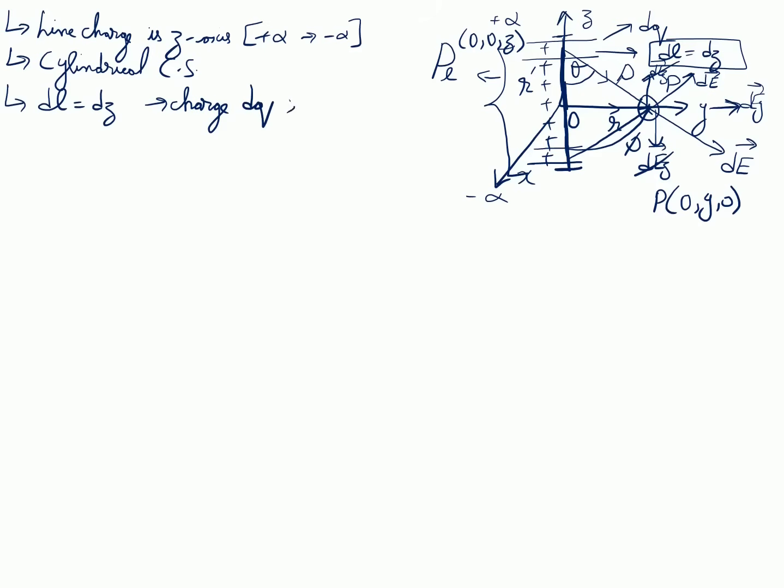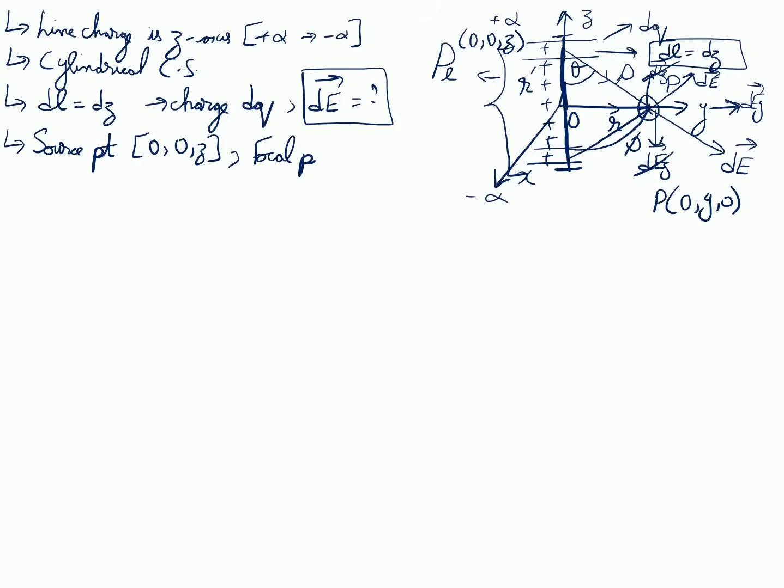Now we want to find the differential electric field to start our analysis towards the total electric field E. The source point is along 0, 0, z, and the test charge is lying along 0, y, 0. This is basically our point P, where we want to find the electric field effect.